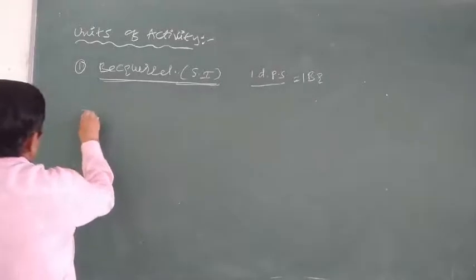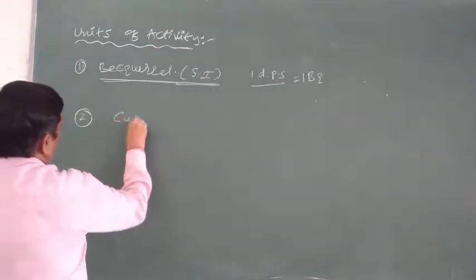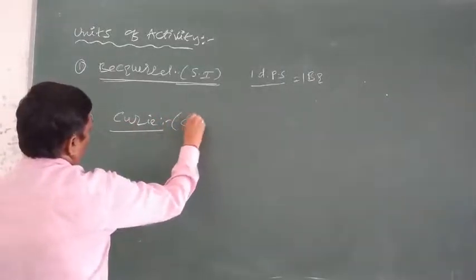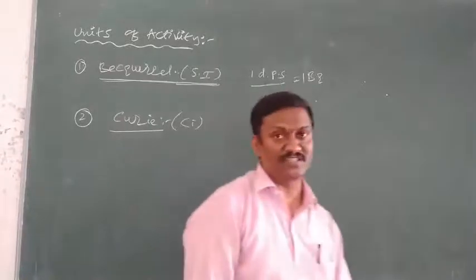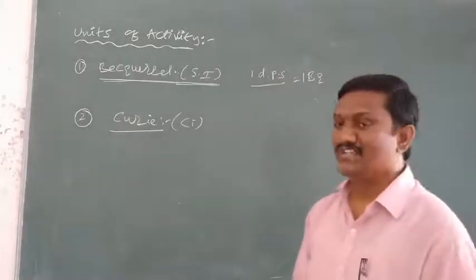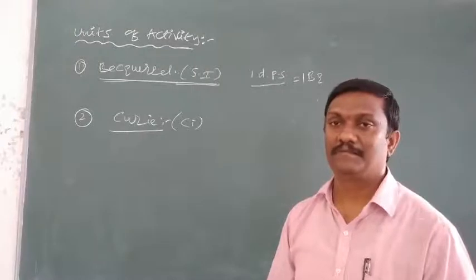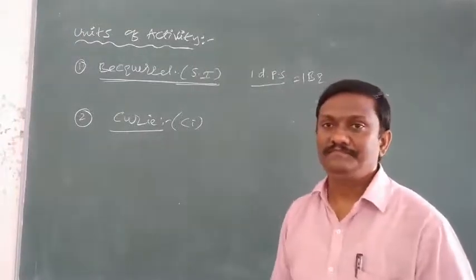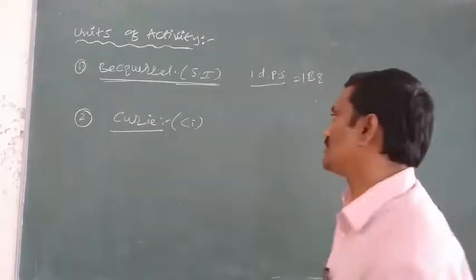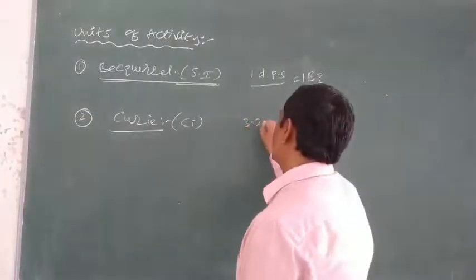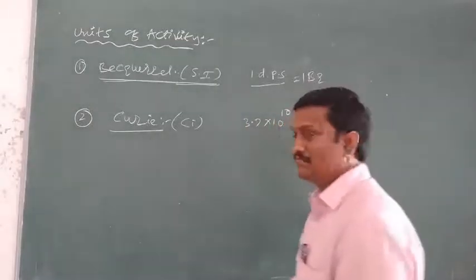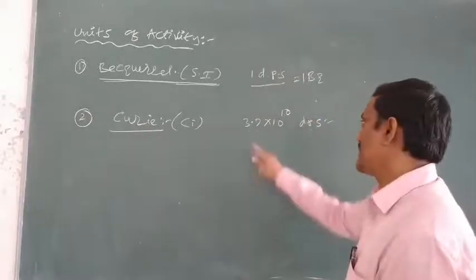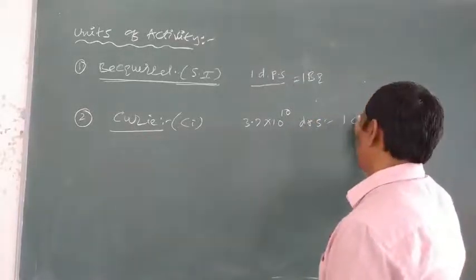Next, one more unit of radioactivity means Curie. The symbol of Curie is Ci. It is also a scientist's name. It is also one more unit of radioactivity or activity. What is meant by 1 Curie? If any radioactive substance undergoes 3.7 into 10 power 10 disintegrations per second, such activity is called 1 Curie.